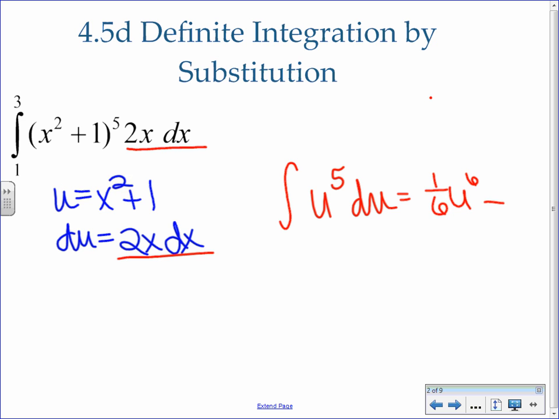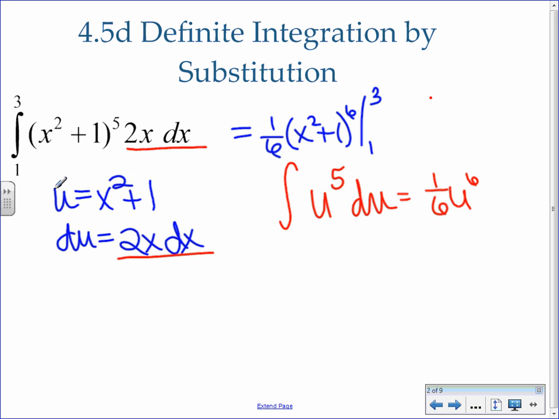Now, if it was an indefinite integral, we'd need the plus c, correct? But we're actually taking the definite integral. We have limits of integration, so we don't need to worry about our plus c. So this integral is 1/6 x squared plus 1 to the 6th evaluated from 1 to 3.